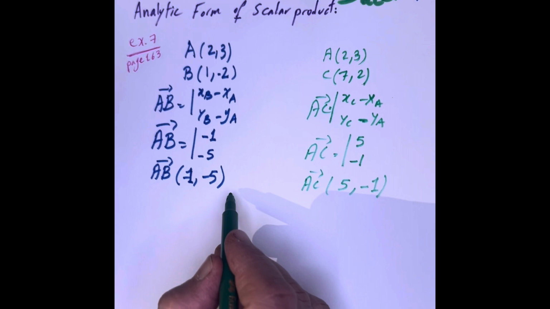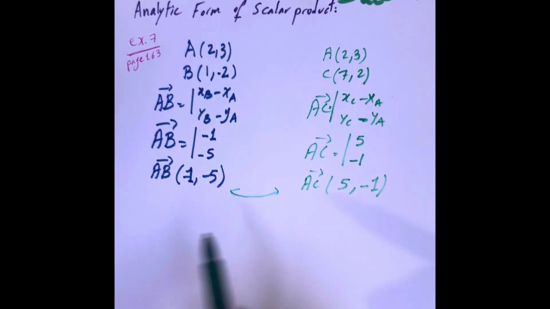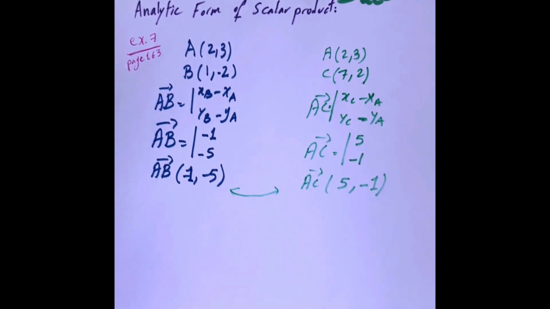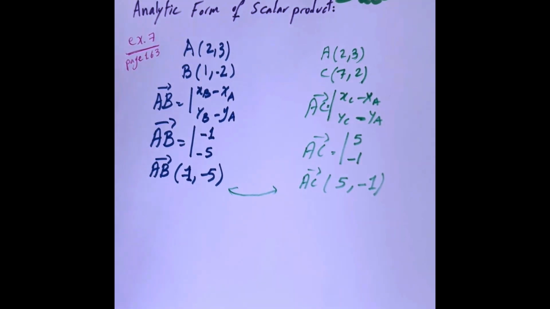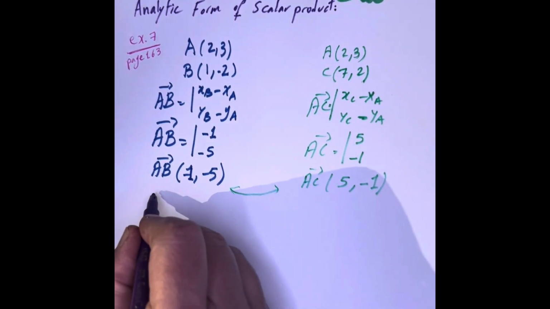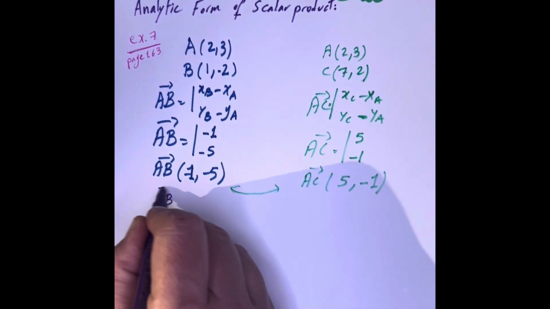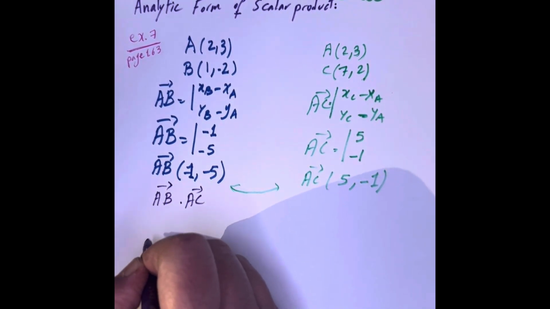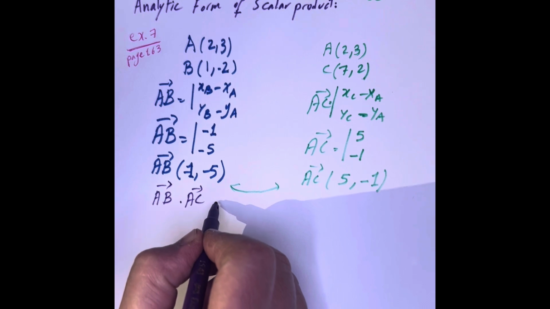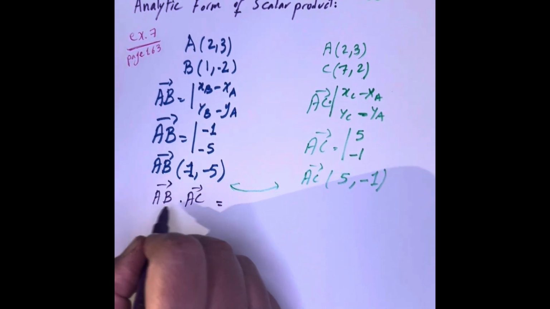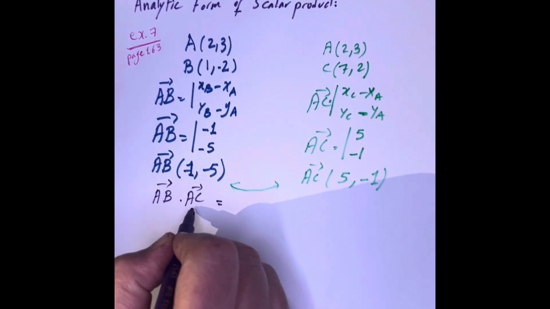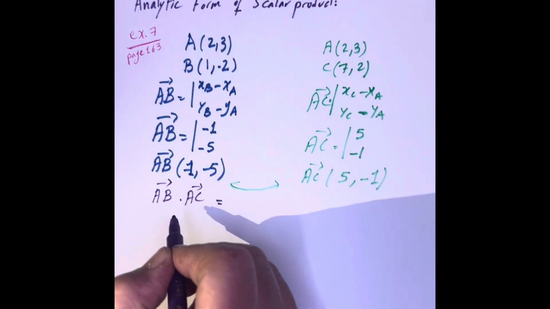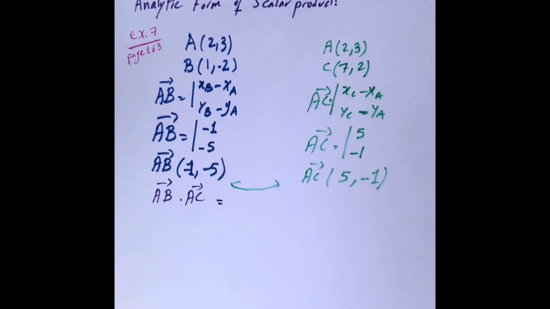Now let us find the dot product between these two vectors. Ready to go? Okay. Do you remember the rule for the dot product? AB dot AC is, as we say in the rule, XX prime plus YY prime, okay, do you remember?